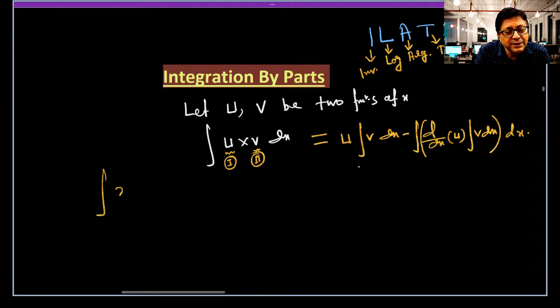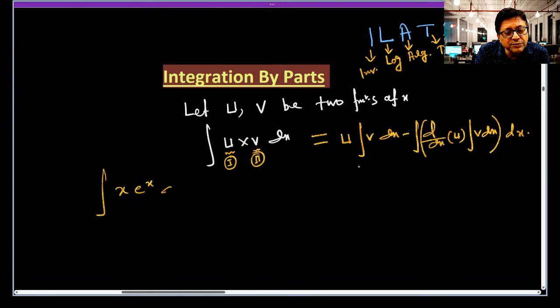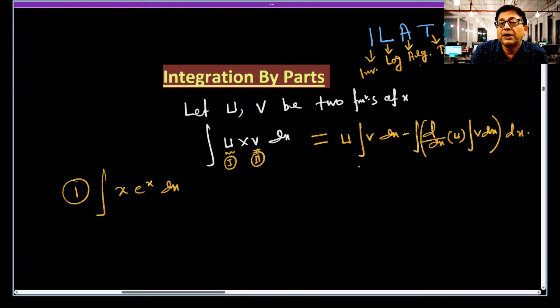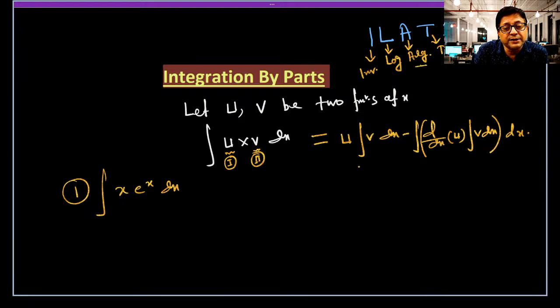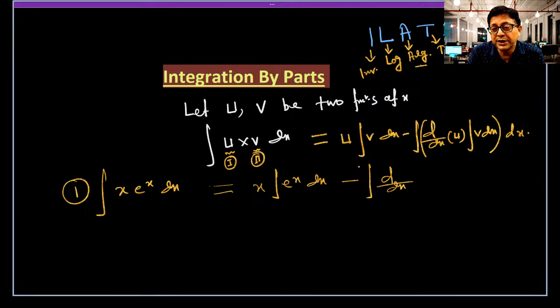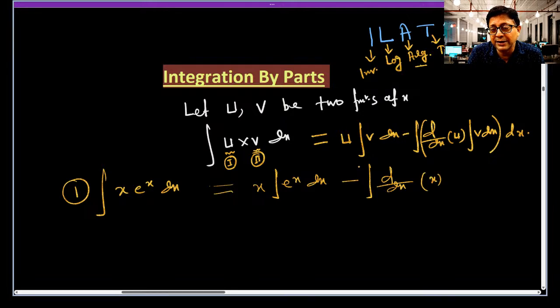So let us start with the simplest example. Say integrate x e to the power x. Here x is algebraic, e to the power x is exponential. So you see the order: algebraic first, exponential second. So x is the first function, e to the power x dx, minus the integration of the derivative of x times the integration of e to the power x dx, whole dx.